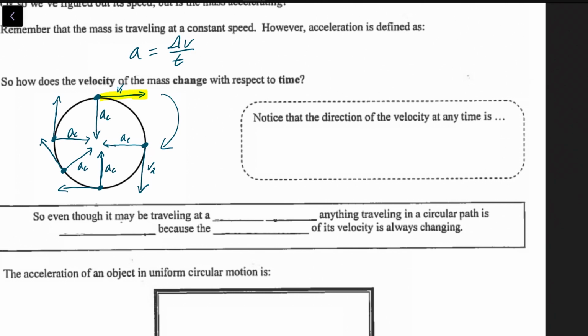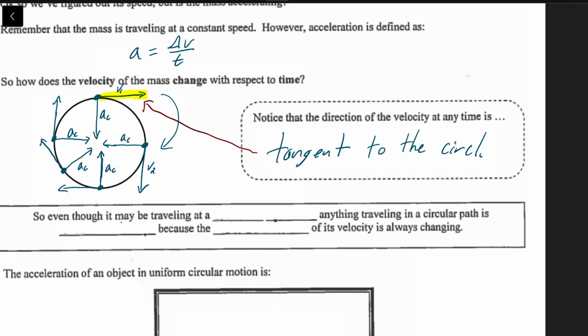Now notice here that the direction of the velocity at any time, we kind of demonstrated this already, but we'll write it down, is tangent to the circle. That's what I was showing you by highlighting this vector over here.